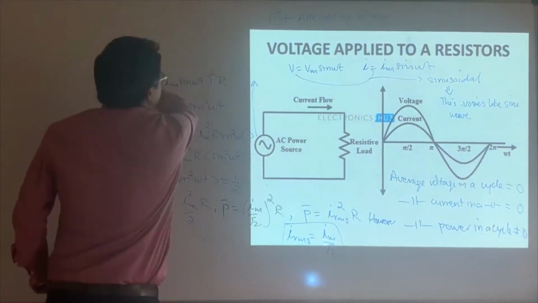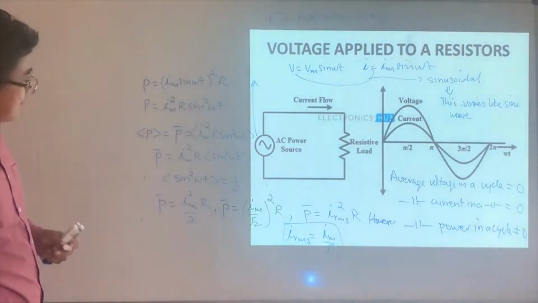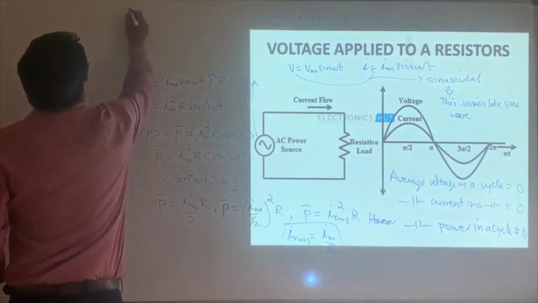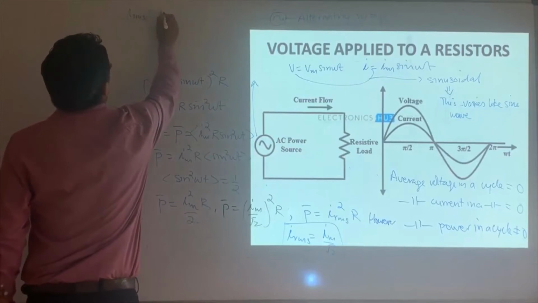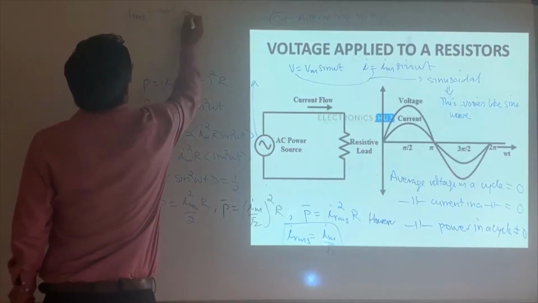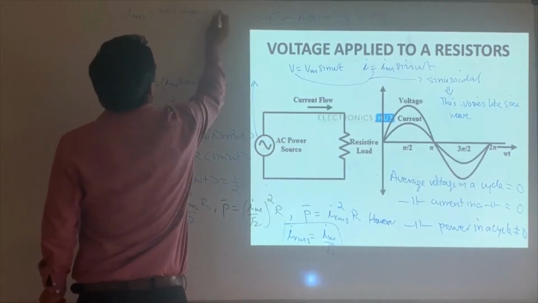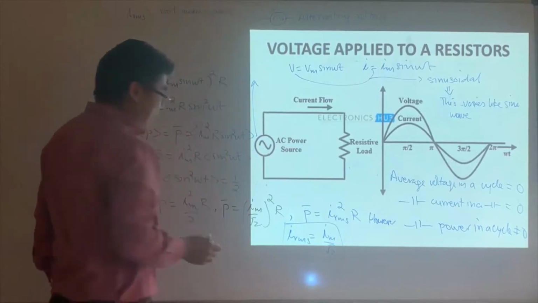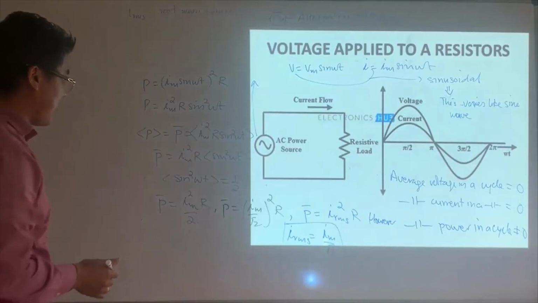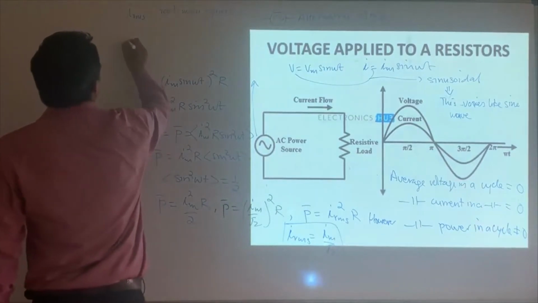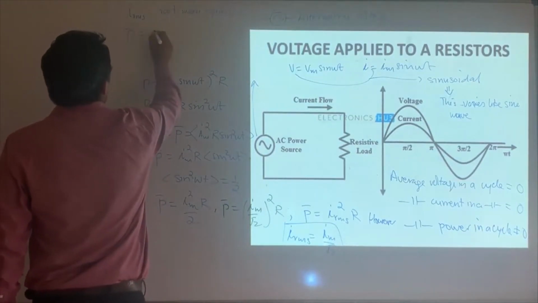I will write here what IRMS is: root mean square. This is one way of taking an average, alright?